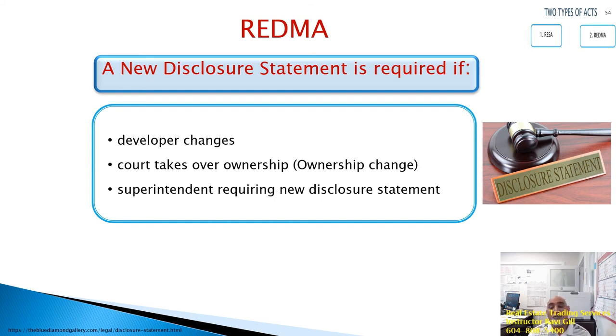Or if there's any issue with a court order, or the court takes over this ownership, then a new disclosure will be required. Or if the superintendent of real estate is requiring a new disclosure, then a new disclosure will be required.